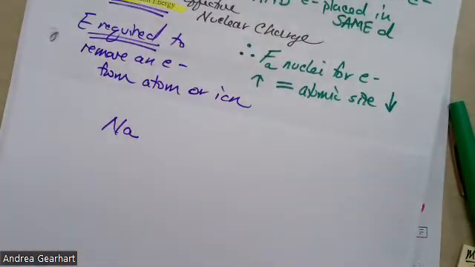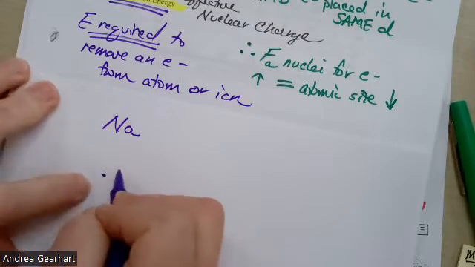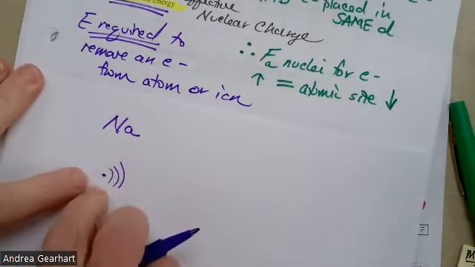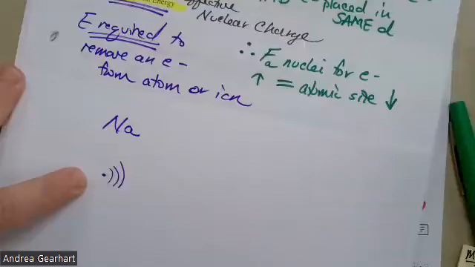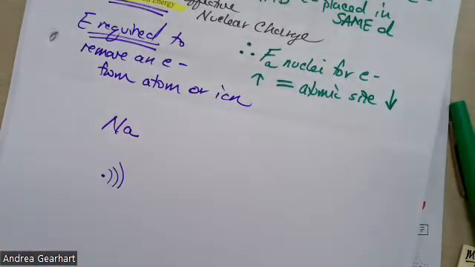So if we are coming up with the equation that represents ionization energy, sodium has its nuclei and its electrons up to the 3rd energy level. The closer an electron is to the nucleus, the lower in energy it is.